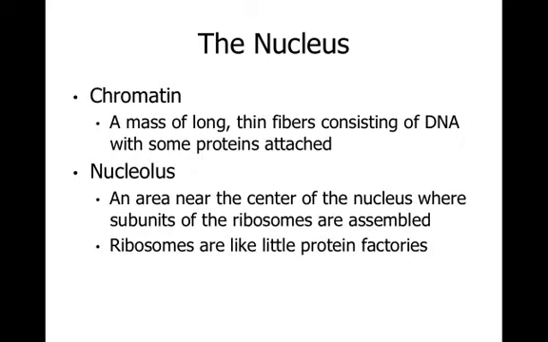I mentioned that the nucleus contains chromatin, so it's DNA in the form of chromatin. Chromatin is a mass of long, thin fibers consisting of DNA with some proteins attached. We're not going to talk too much about chromatin.